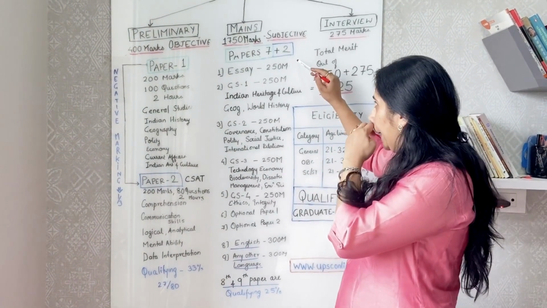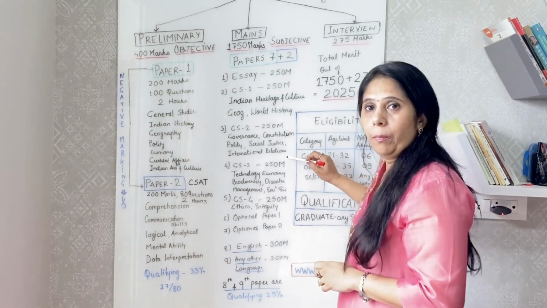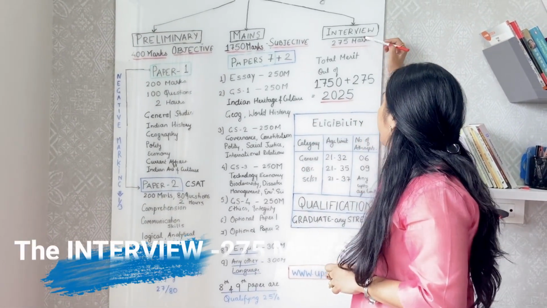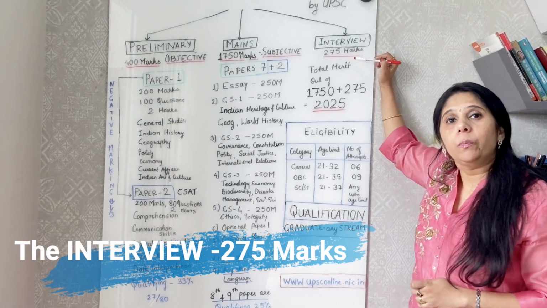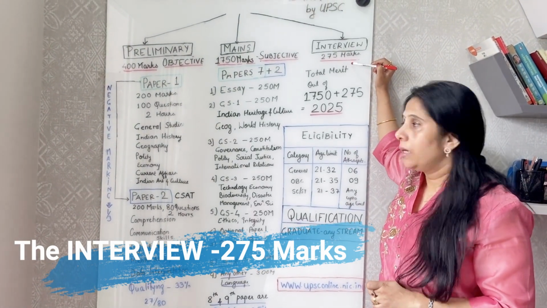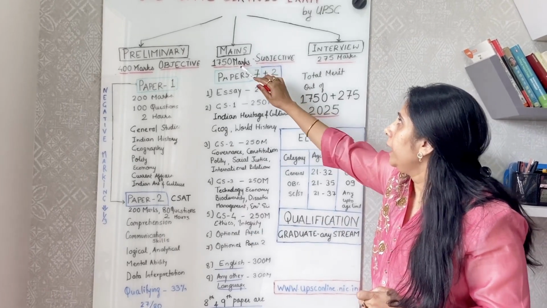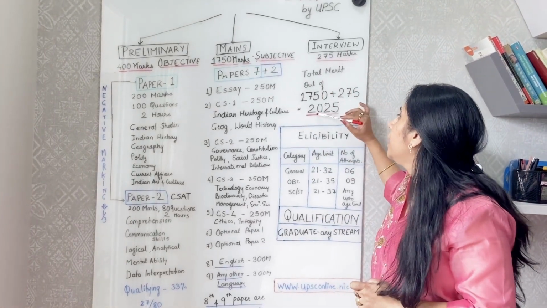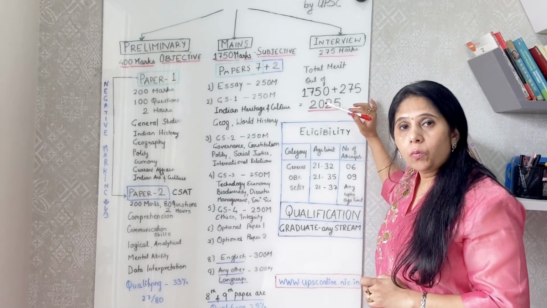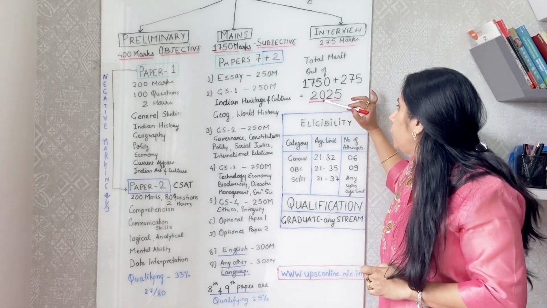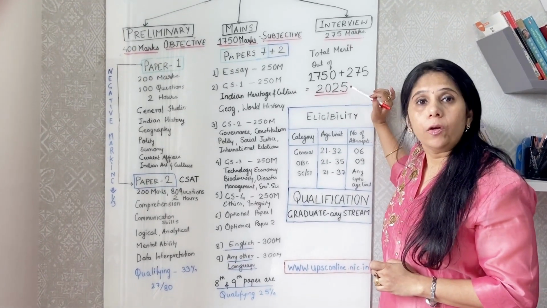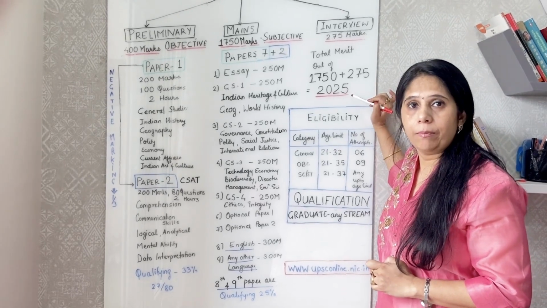Again, this is going to count your merit. When you appear for an interview, it is going to be of 275 marks. So total merit is 1750 plus 275, which is 2025. Whatever your score out of 2025 is going to decide your rank for your CSE examination.